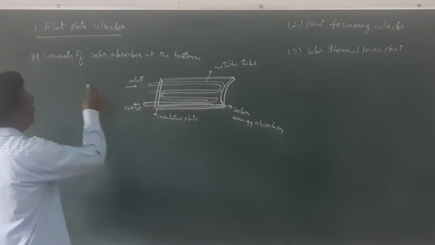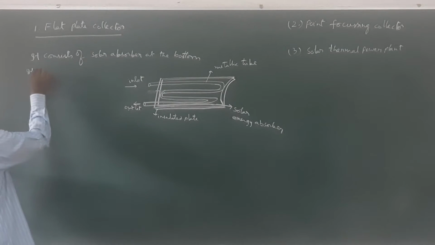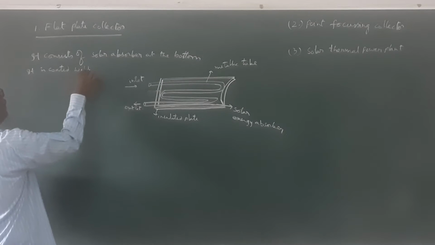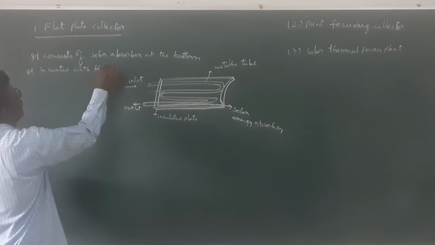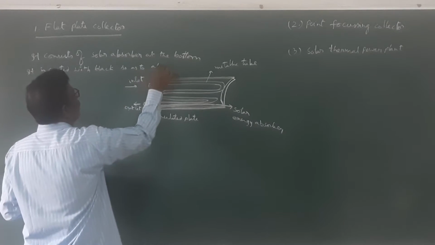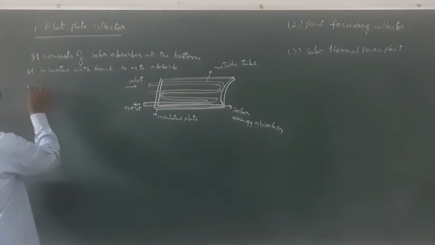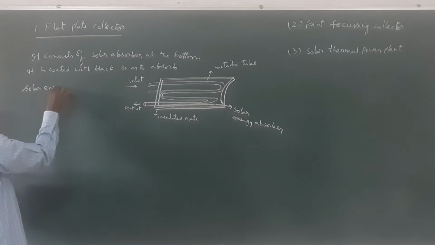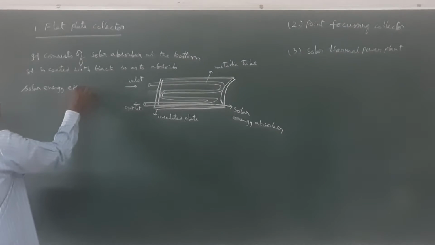The solar absorber is coated with black so as to absorb solar energy effectively.